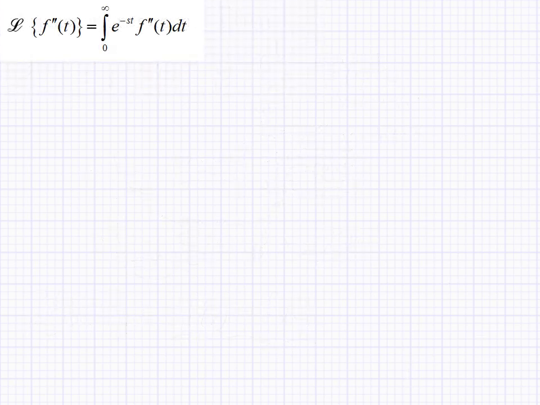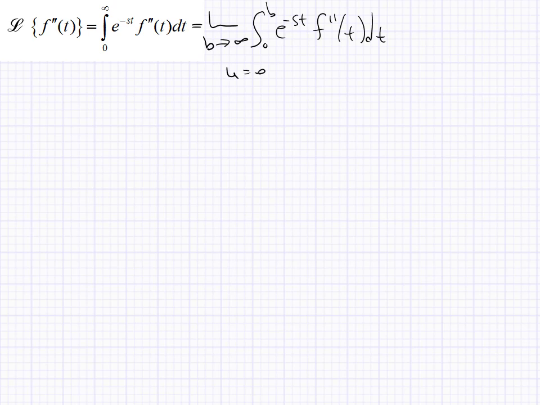All right, we can do the same thing with the second derivative. So this would be the limit as b goes to infinity of the integral from 0 to b of e to the negative st f double prime of t dt. Again, integration by parts, u equals e to the negative st, dv is going to be f double prime of t dt. du is going to be negative s e to the negative st dt, and v would be now f prime of t.